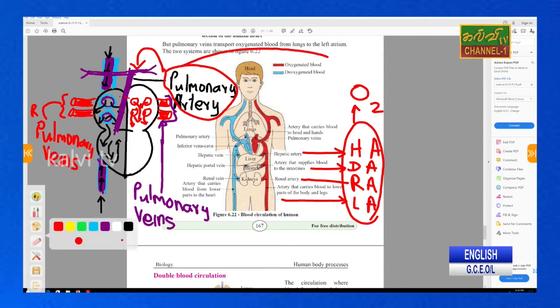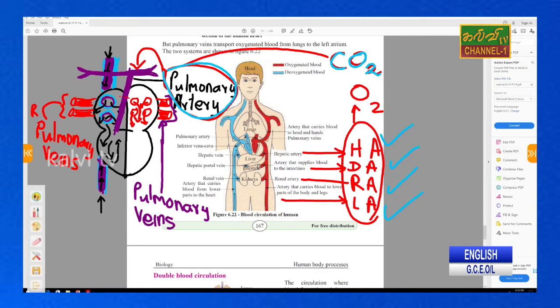The pulmonary artery carries carbon dioxide, that means deoxygenated blood. The name is artery, and most of the arteries carry oxygenated blood, but the pulmonary artery carries deoxygenated blood, that means a concentration of carbon dioxide.